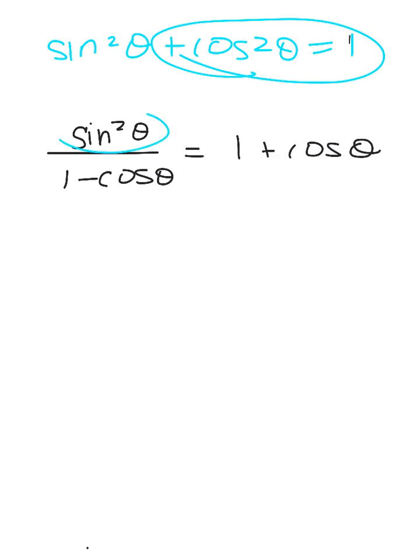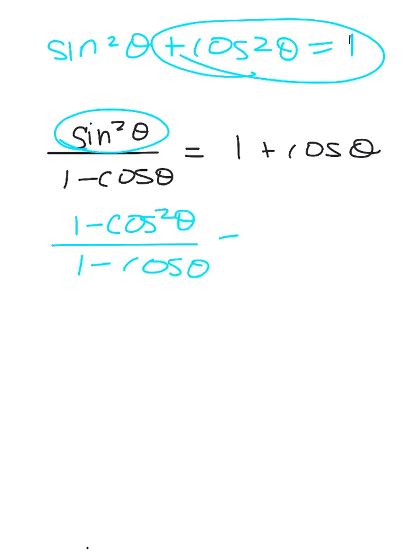So I'm going to change this to 1 minus cosine squared theta over 1 minus cosine theta, equals 1 plus cosine theta. I notice that this here in the numerator is the difference of two perfect squares, so I'm going to factor that.